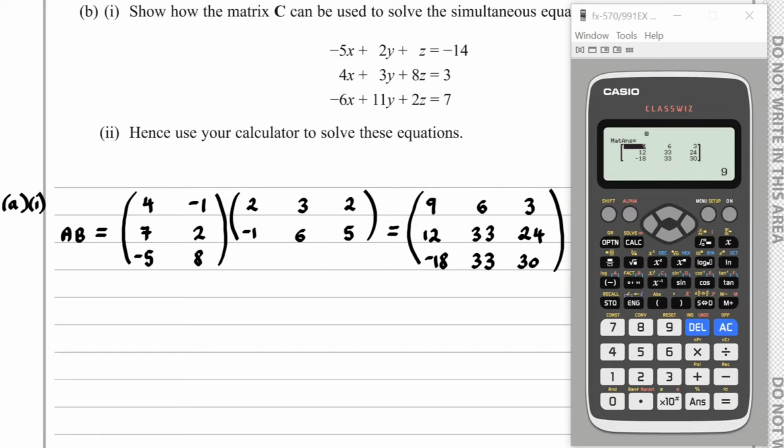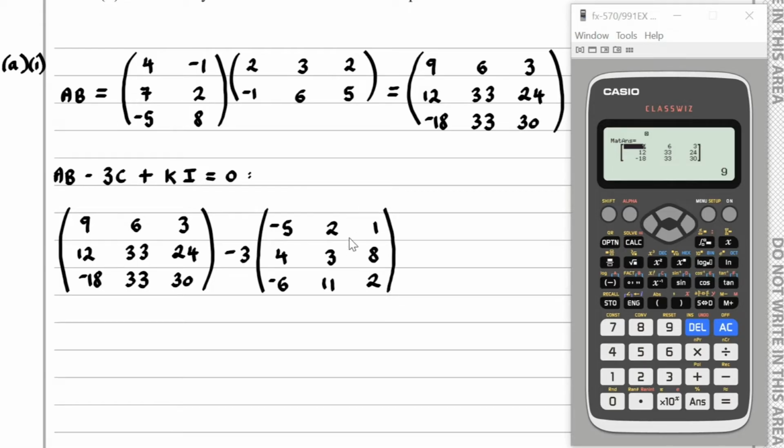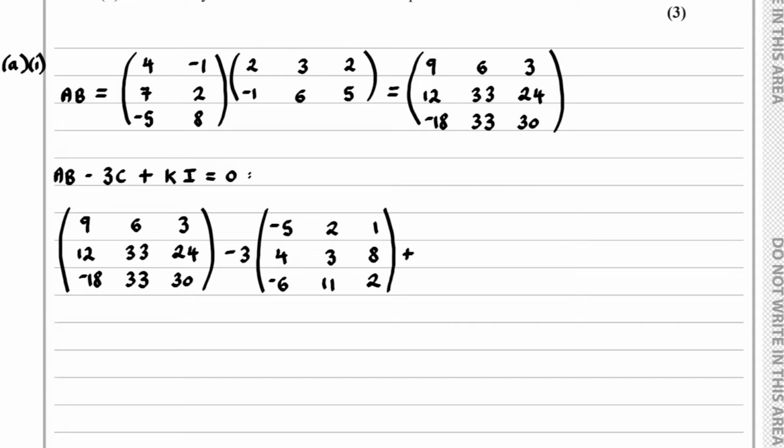And so, when we come to work out AB subtract 3C plus kI equals 0, we have AB subtract 3 times the matrix C, and then we add on k times the identity matrix.